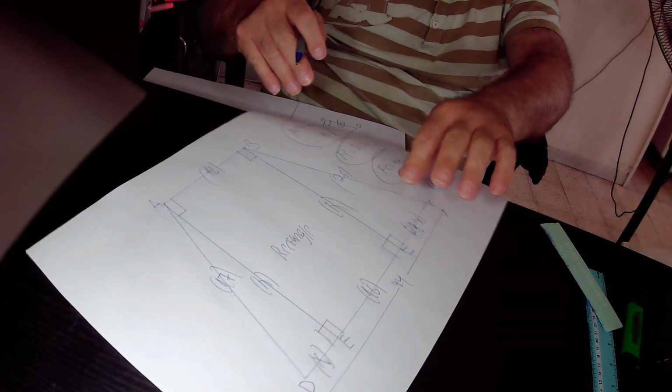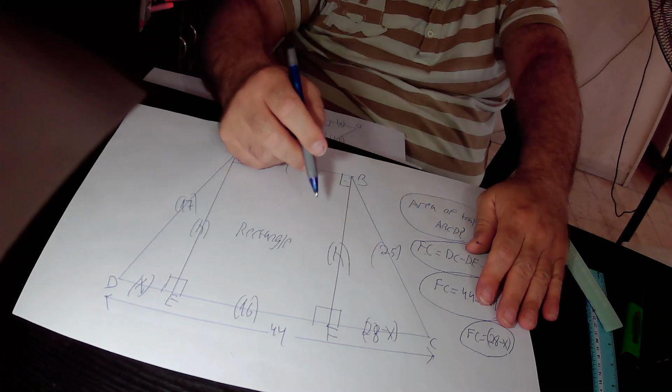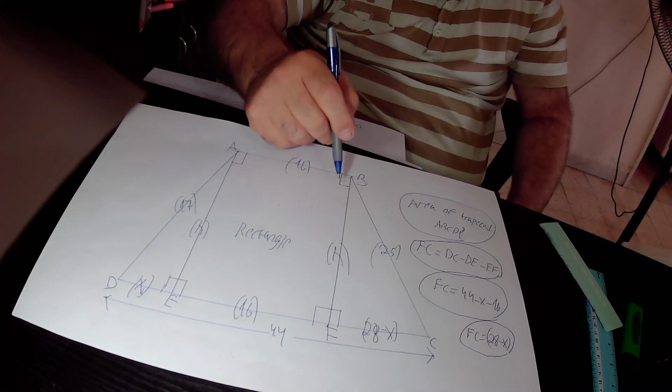In the next step, I'll copy the right triangle BFC to a new page and we'll implement the Pythagoras theorem on this right triangle, triangle BFC.